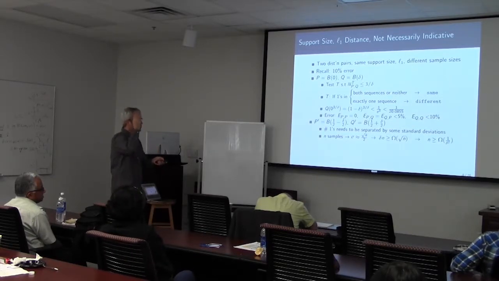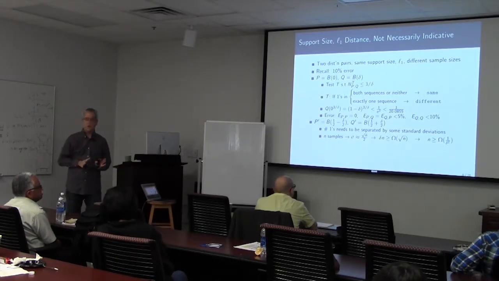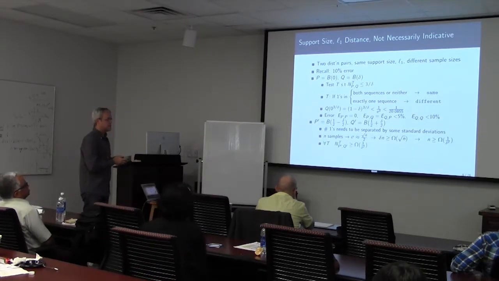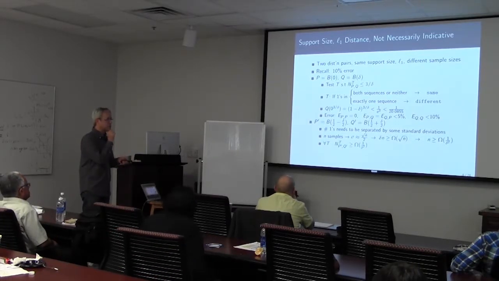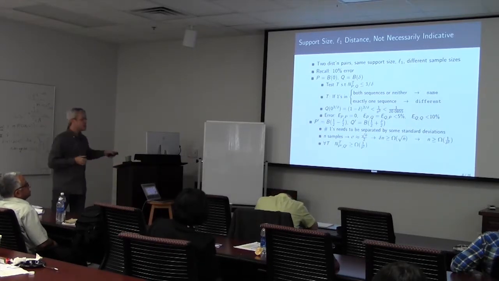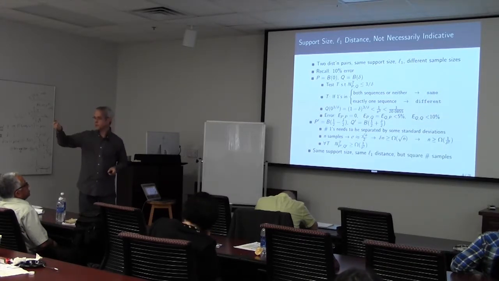Therefore you want n to be bigger than 1 over delta squared. So any test that you come up with for these two distributions will require a number of samples which is at least 1 over delta squared. So this shows you that they have the same support size 2, the same L1 distance, which is 2 delta, but require the square of the number of samples.